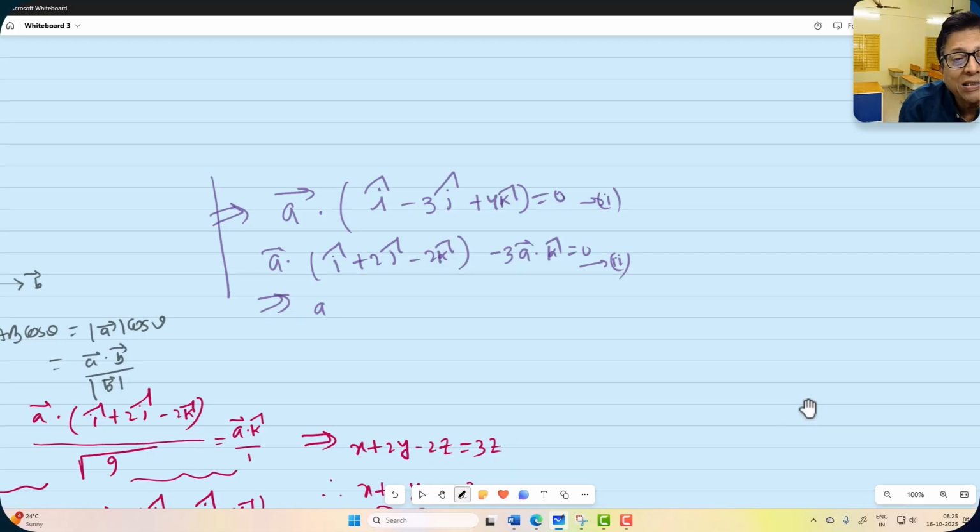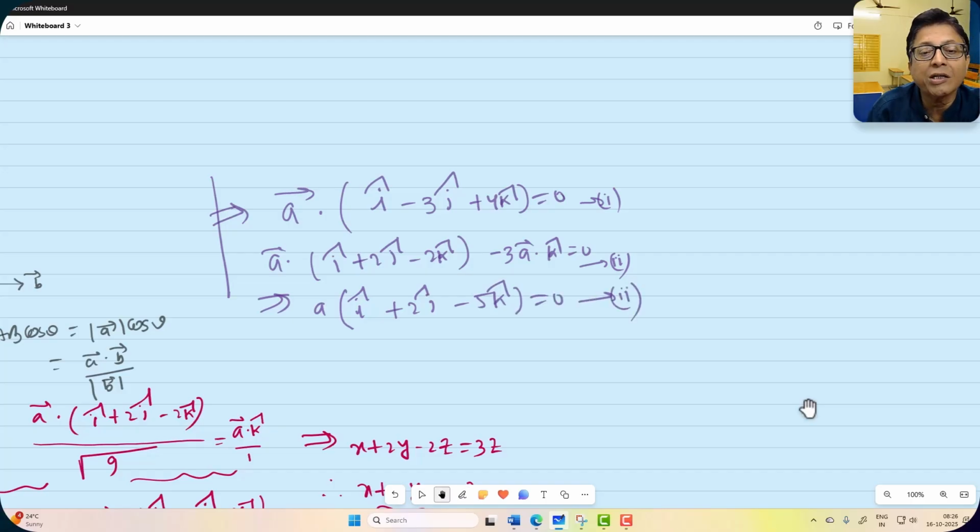This one implies that if we take this on left side, i minus, no effect, here also no effect, and minus 2k minus 3k, so minus 5k equal to 0. Okay? This is your number 2.